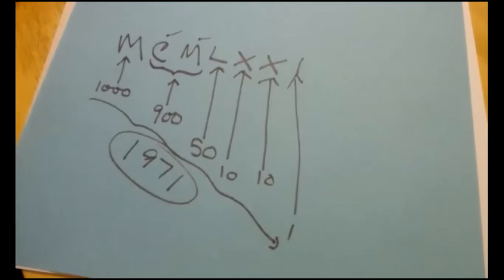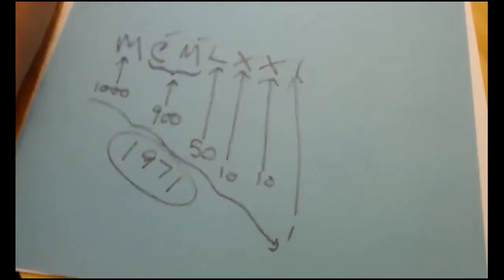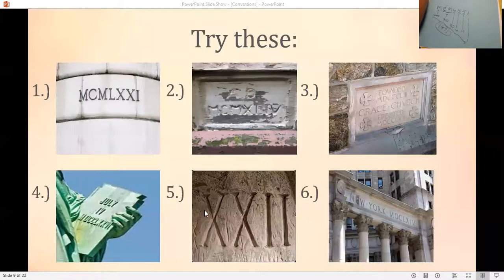All right, so let's do another one. I'm going to ask you to try just one more. Everybody try to figure out what that year is for the Statue of Liberty. It's hard to see it, so I'll write it again for us.